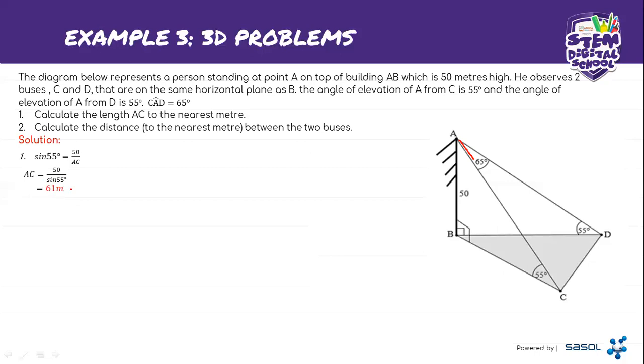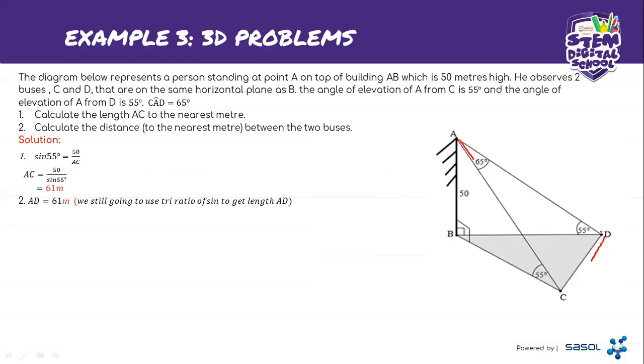And then the other question says calculate the distance to the nearest meter between the two buses, meaning we need this distance there. All right, let's see how we do that. Now first, AD equals 61 meters. We're still going to use the trig ratio of sine, meaning for us to be able to calculate this side DC, we also have to calculate side AD.